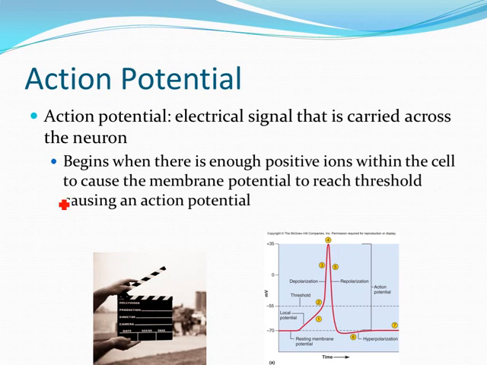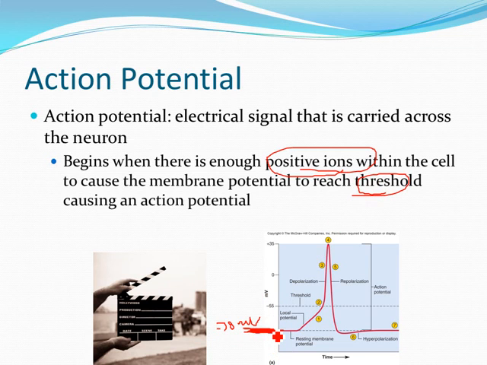It does this by, if there's enough positive ions within the cell, that will end up causing the resting membrane potential to finally hit a membrane potential called the threshold. Looking at this chart here, we have resting membrane potential. So it's negative 70 millivolts. You don't have to remember the numbers again, but I just want you to know it's at this point.